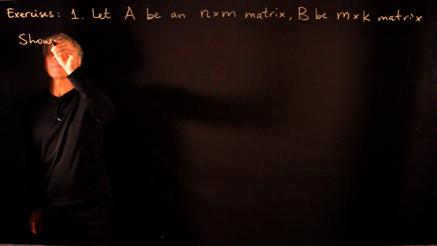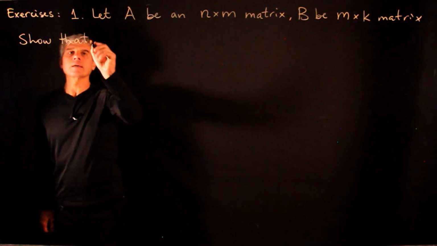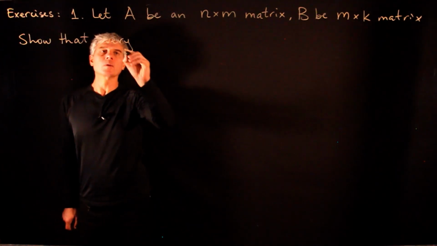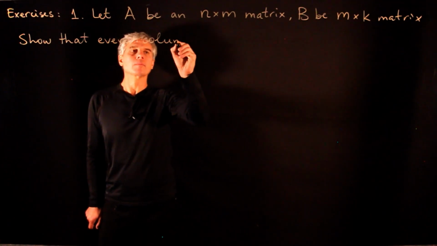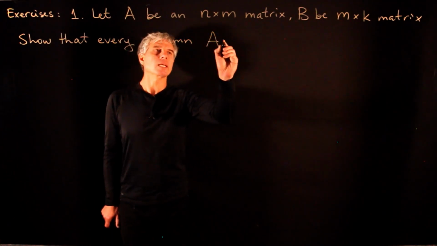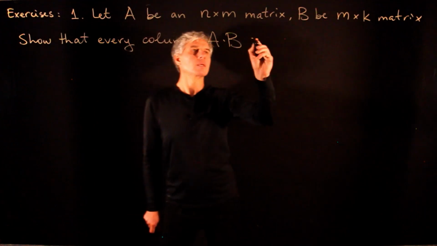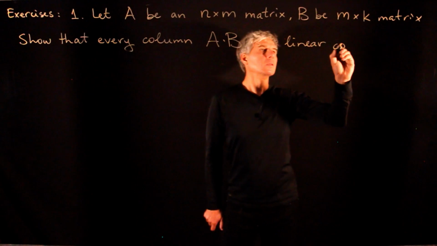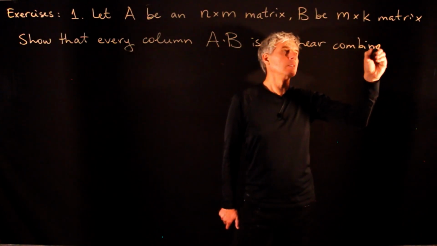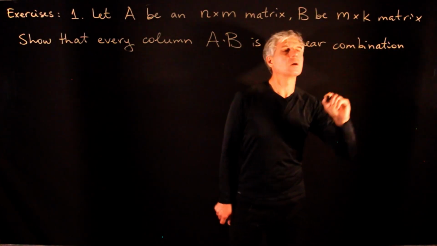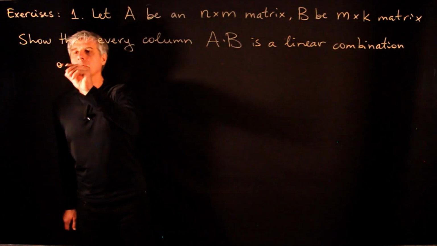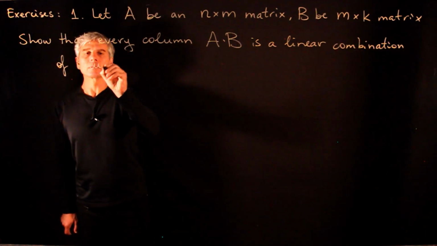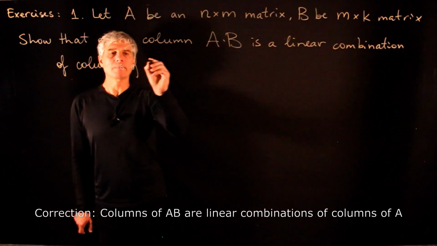Show that every column of the product A times B is a linear combination of columns of B.